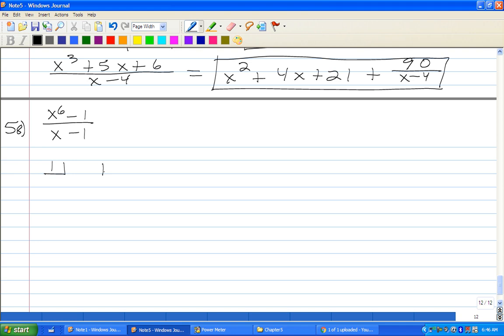So I have 1x to the 6th, no x to the 5th, no x to the 4, no x cubed, no x squared, no x, minus 1. Drop down the 1, times 1 is 1, plus 0 is 1, times 1 is 1, plus 0 is 1, times 1 is 1, plus 0 is 1, times 1 is 1, plus 0 is 1, times 1 is 1, minus 1 is 0.